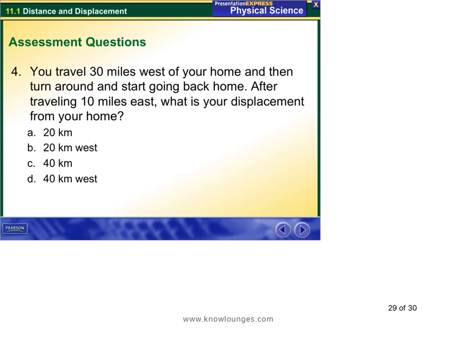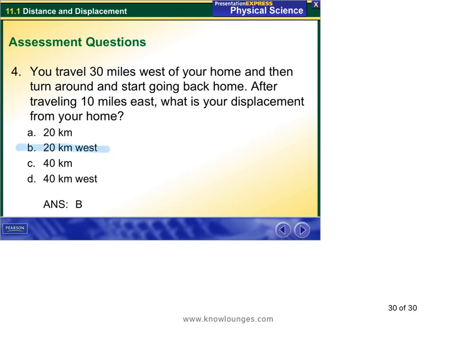If you travel 30 kilometers west of your home and turn around and start going back home after traveling 10 kilometers east, what is your displacement? So we've got 20 kilometers, or 20 kilometers west, 40 kilometers, or 40 kilometers west. Here, the answer is B, 20 kilometers west.